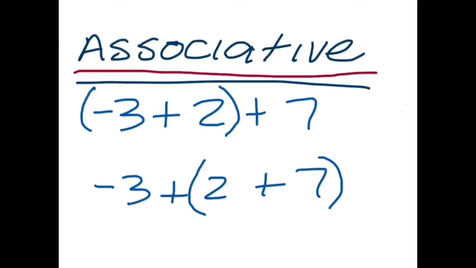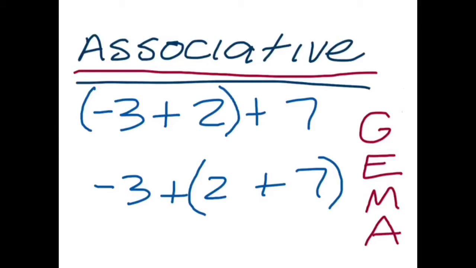If you remember your order of operations, it's grouping symbols, exponents, multiplication and division, addition and subtraction, or PEMDAS if you like. Okay, we have grouping symbols. In this case, it's these guys upstairs, and downstairs, it's these guys. So let's take care of our grouping symbols first. -3 plus 2.